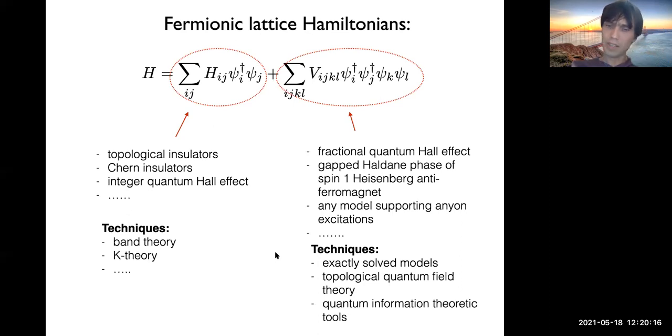They all rest on some sets of assumptions, but nevertheless, there is a really beautiful, coherent structure that does emerge if you put these things together. So for the rest of the talk, I want to describe some of these techniques. And in particular, I want to focus on quantum information theoretic tools.